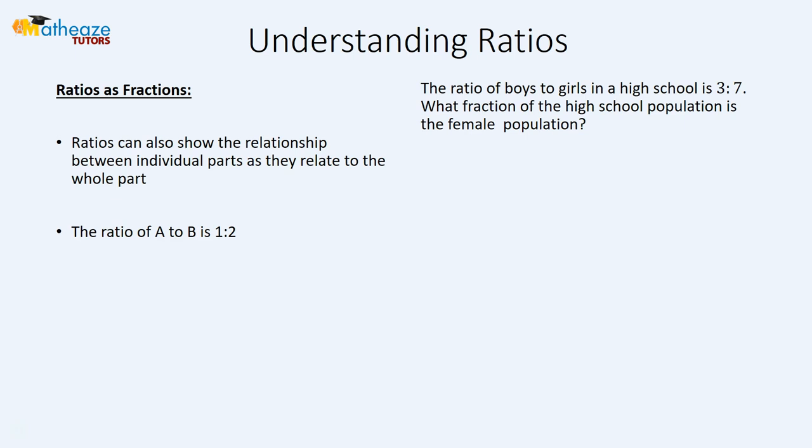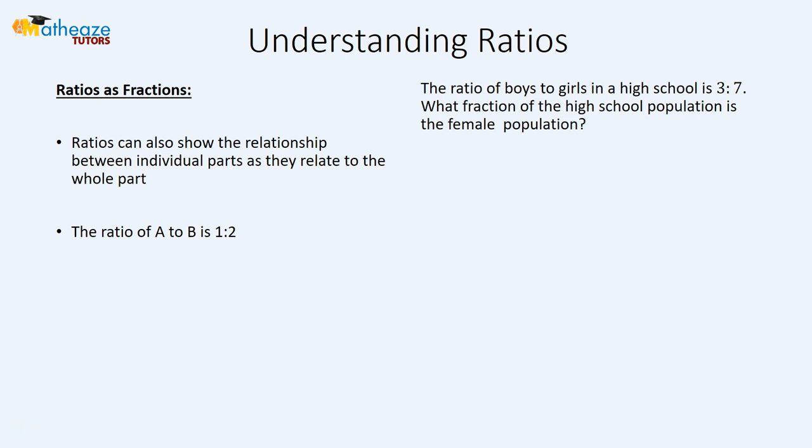Now let's look at ratios as fractions. Ratios can also show the relationship between individual parts as they relate to the whole. Now let's look at this example. The ratio of boys to girls in a high school is 3 to 7. What fraction of the high school population is the female population?